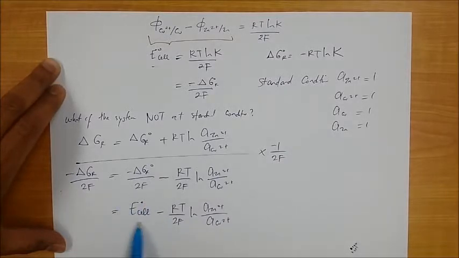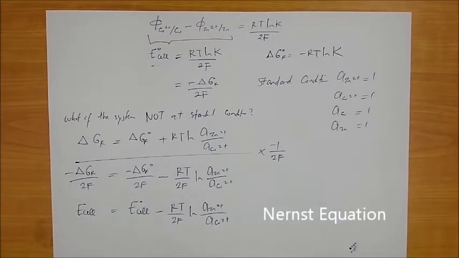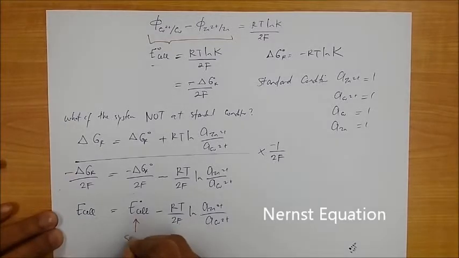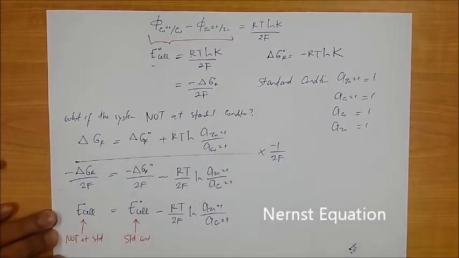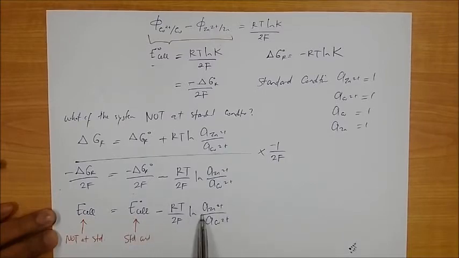And if this is the E naught of the cell, then this has to be the E of the cell when you're not at standard conditions, right? This is E cell, this is E naught cell at standard condition. This is not at standard condition, right? And the E of the cell deviates from standard condition by that term.